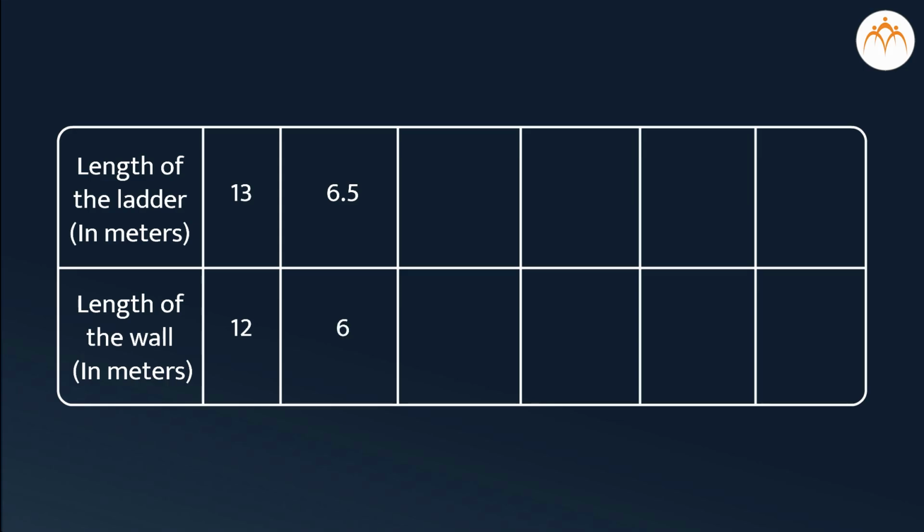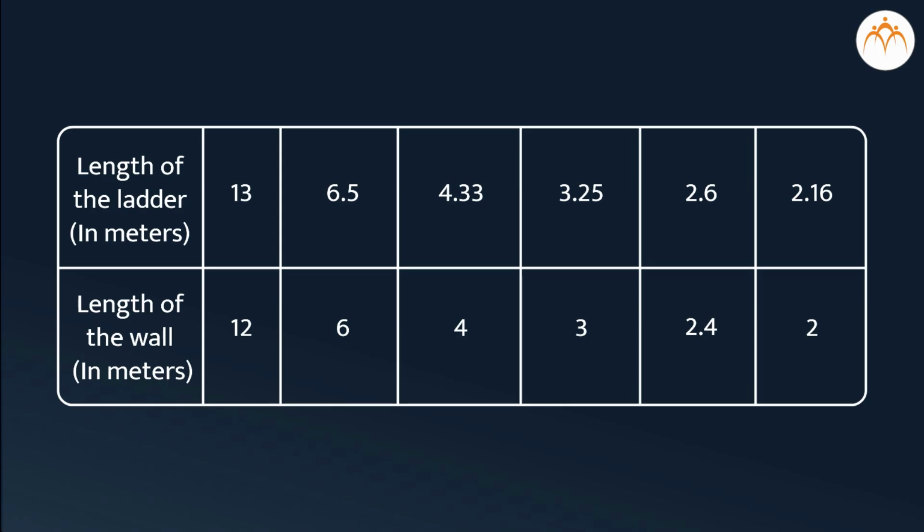Length of the ladder 4.33, height of the wall 4. Length of the ladder 3.25, height of the wall 3. Length of the ladder 2.6, height of the wall 2.4. Length of the ladder 2.16, height of the wall 2.